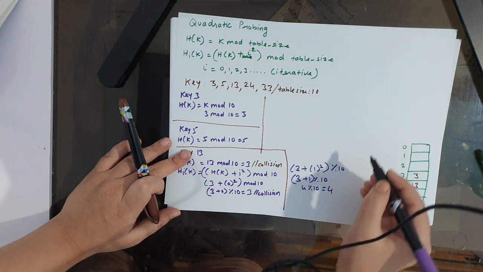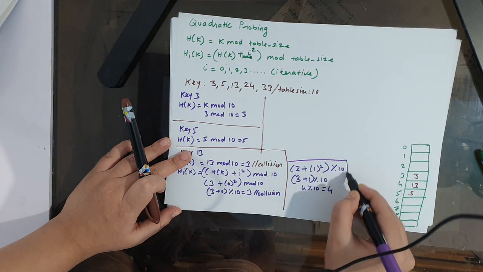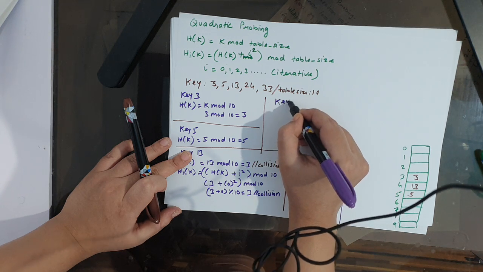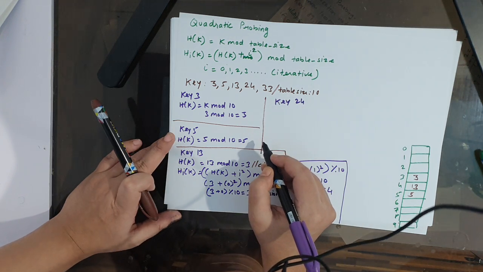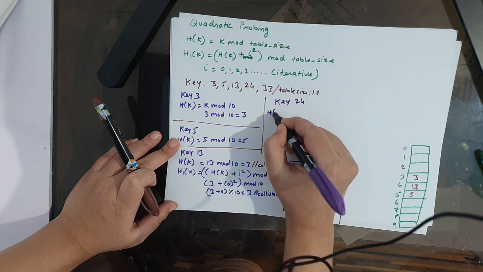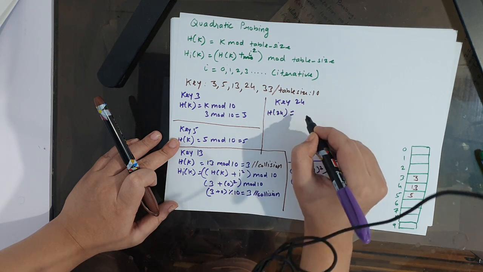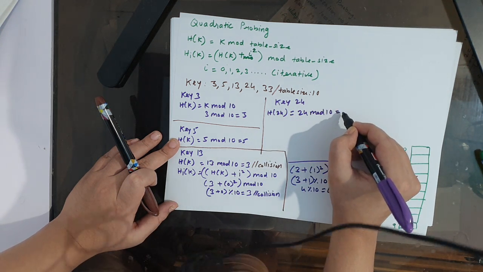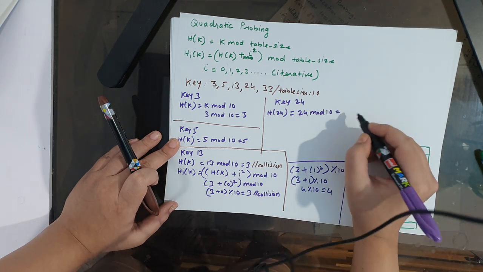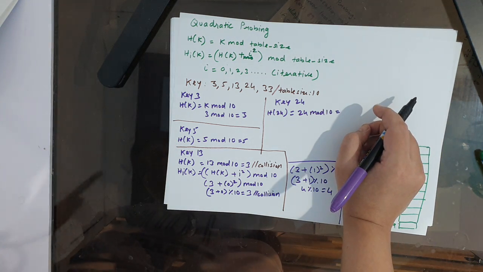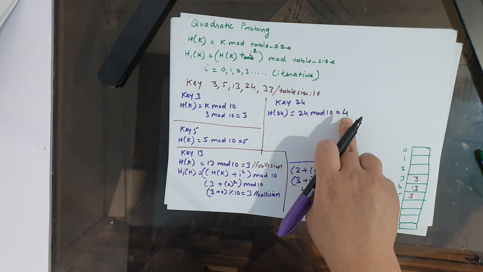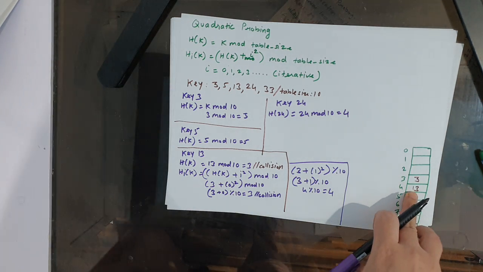Once we are done with 13, we go to the next key, which is 24. Let's apply our hash function, which is 24 mod 10. The answer that we get is 4, which is a collision, because 4 is already occupied.